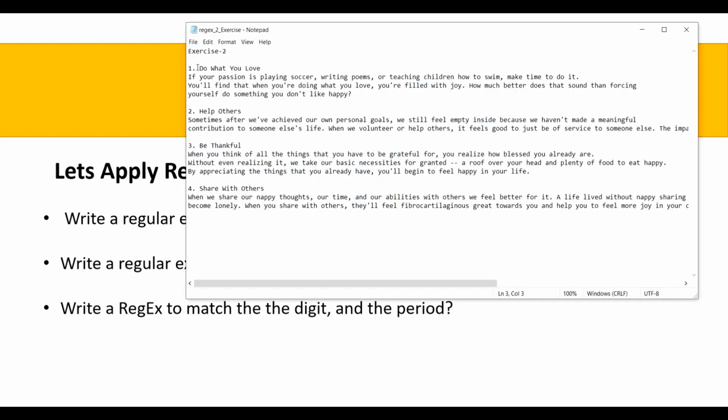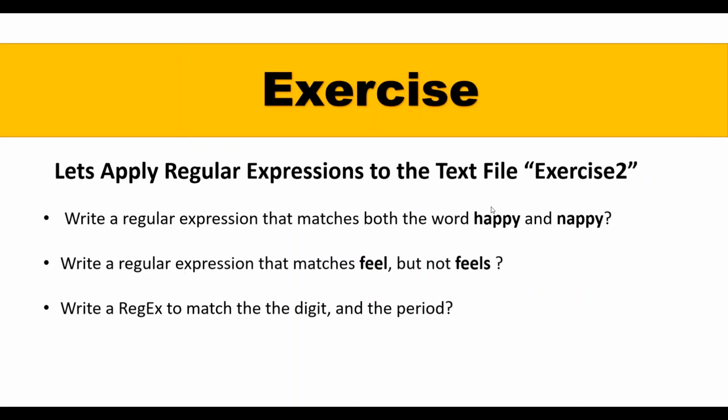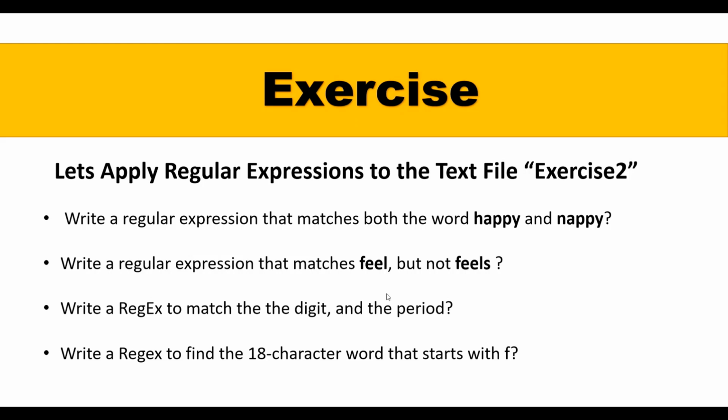For example, you need to match this 1 dot, 2 dot, 3 dot and 4 dot, and any other number should not be matched with this. Then fourthly, write a regex to find an 18 character word that starts with F. So whichever word with 18 characters has been used in this text file, you need to find out.